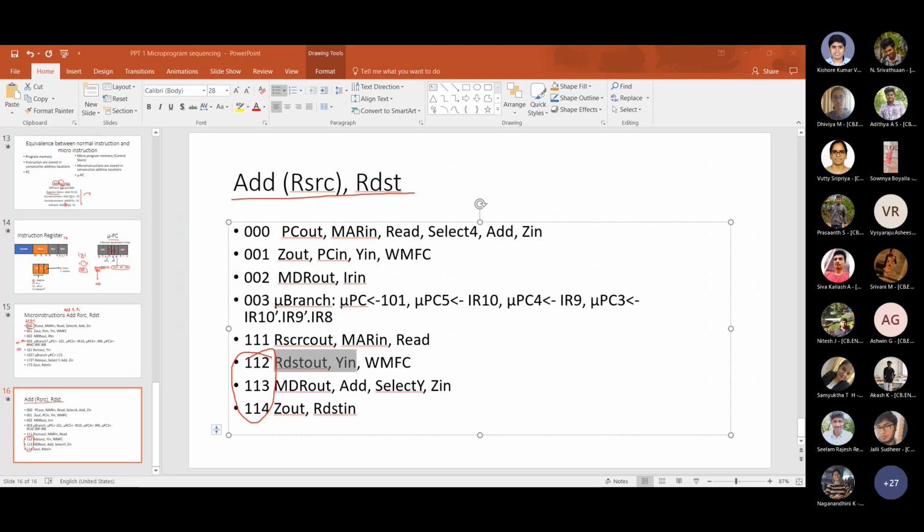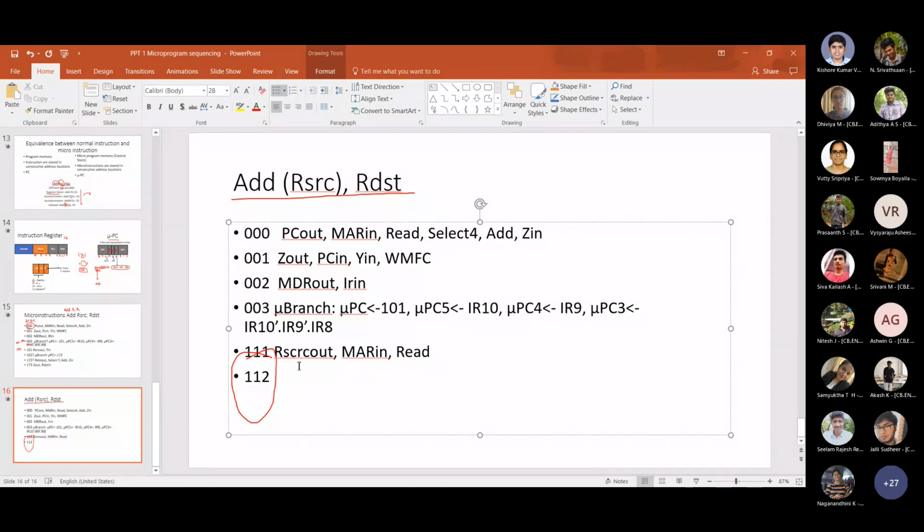Common instructions means you can store them in a common address location. Is it clear? That is why there will be a change in these instructions. Try to complete it. I won't write it. You have to write it on your own.